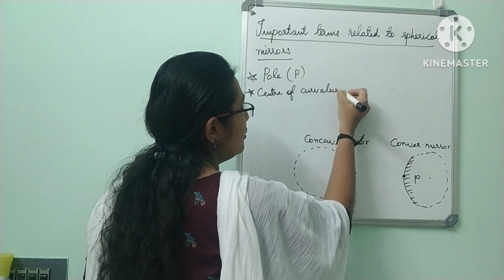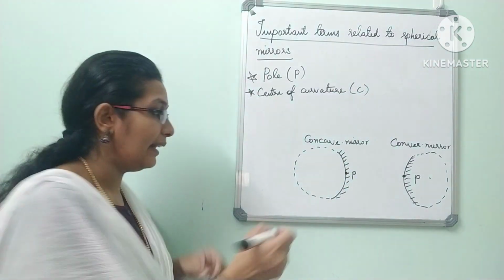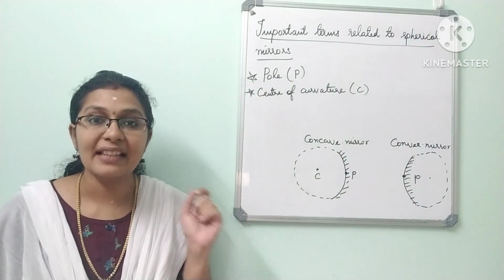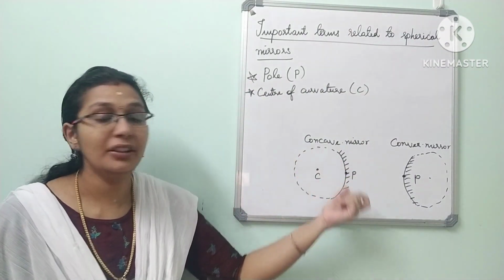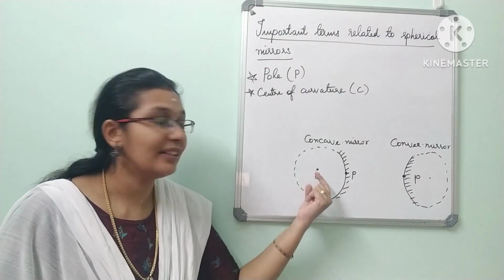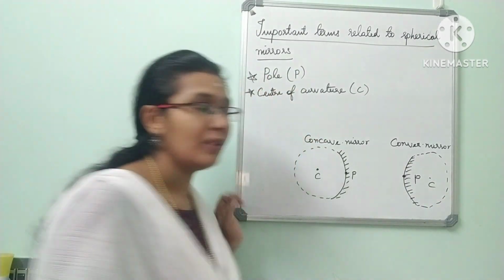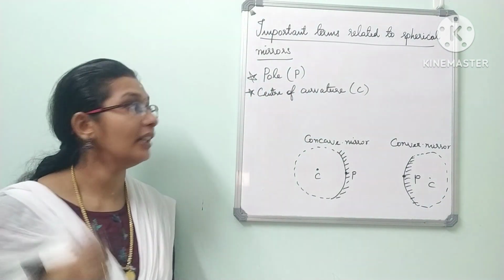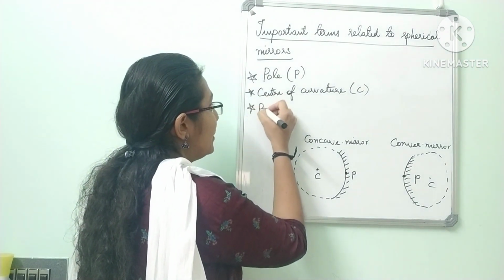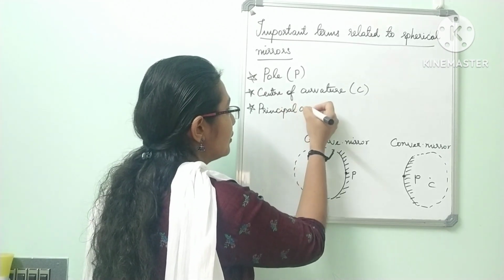curvature. So what is center of curvature? Center of curvature is nothing but this point, which is the central point of the sphere. See, this is the sphere and the center point of the sphere is called the center of curvature. You understand? Yes. Now there is something called principal axis.